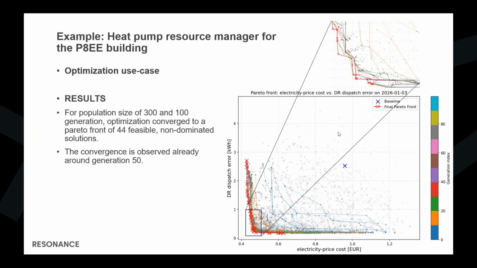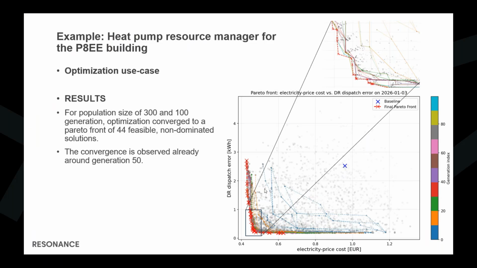So this is actually the objective space where each dot represents one solution of the optimizer at the given generation, right? This blue cross line represents the objectives of the baseline power consumption.